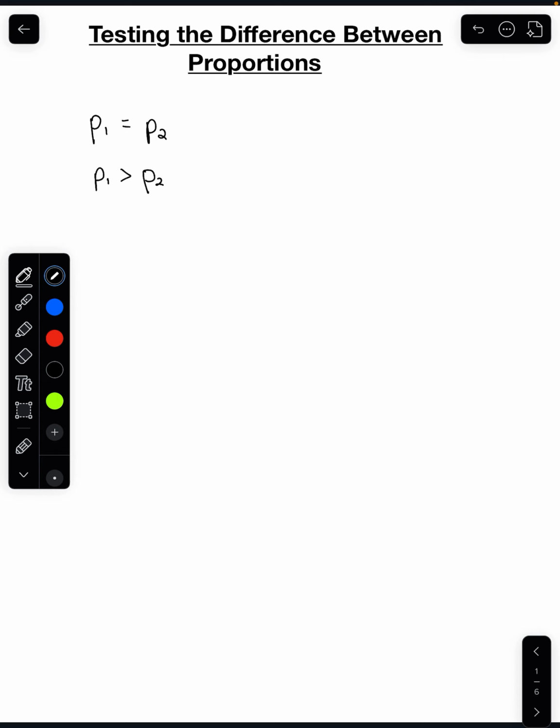Now, before we can run off and do this, we have to apply some of the same requirements that we had when we dealt with a hypothesis test for a single proportion. These requirements now must apply to both samples here.